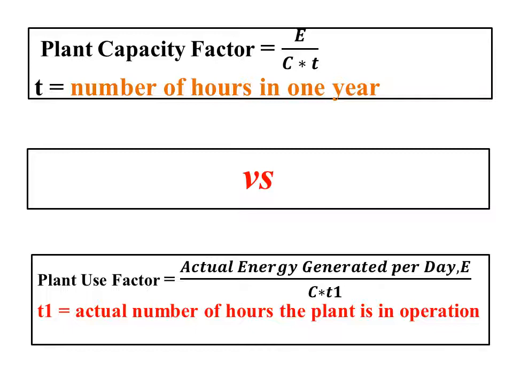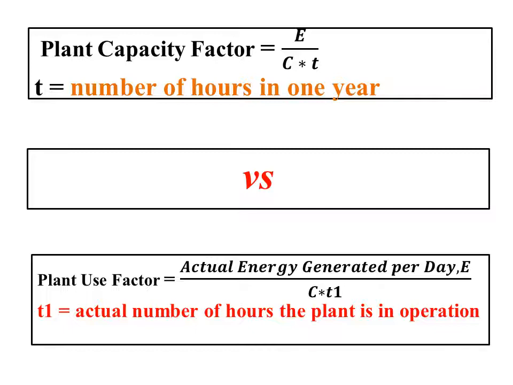So our question is to calculate the number of hours when the plant is not in use. How can we calculate it? See, there are a total of 8760 hours. So if we can calculate the number of hours in which the plant was in operation out of this 8760, we can calculate the number of hours when it was not in use.